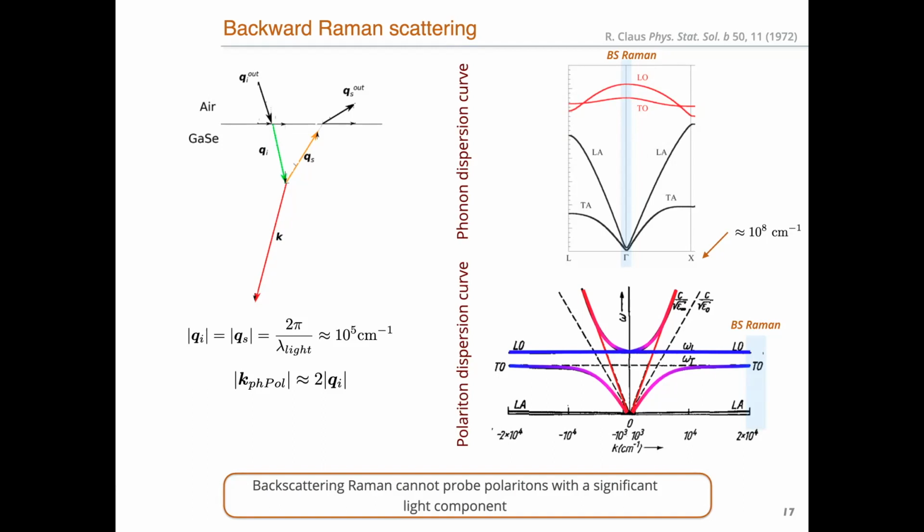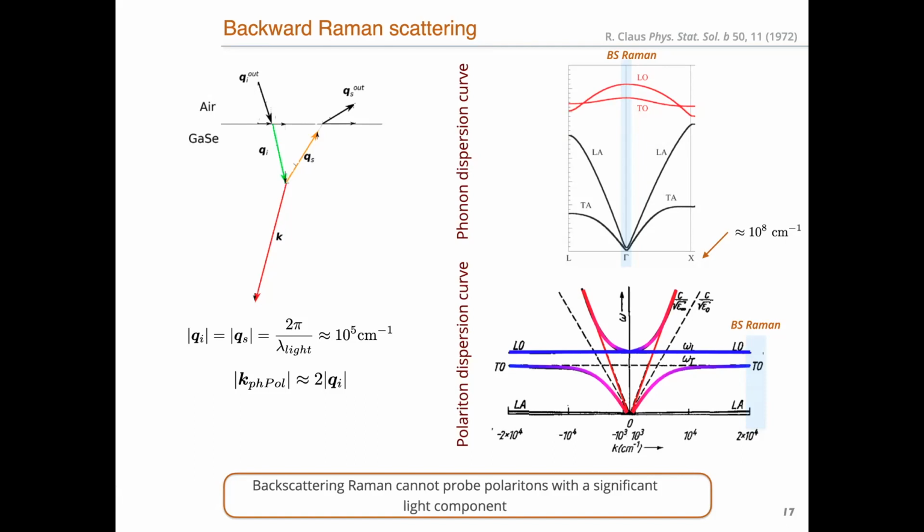But that's confusing. The reason people say that is that if you look at the phonon dispersion curve, you go from the gamma point to the edge of the Brillouin zone. The edge is at an extremely high value of wave vector. So when you do Raman, at 10 to the 5, you are at one thousandth of this distance.